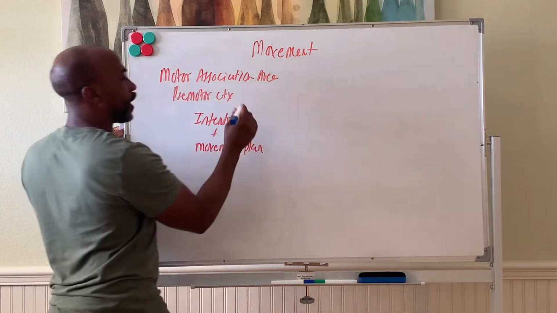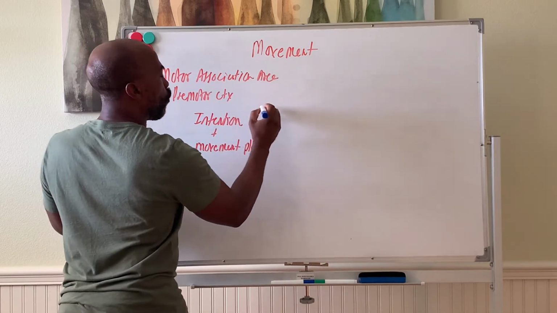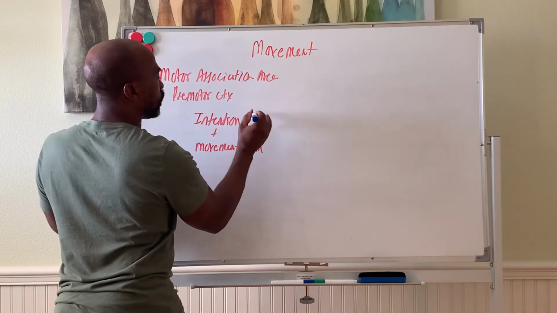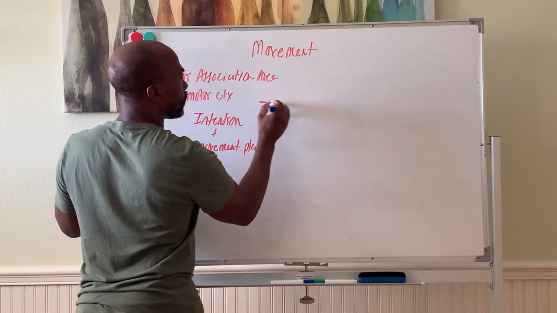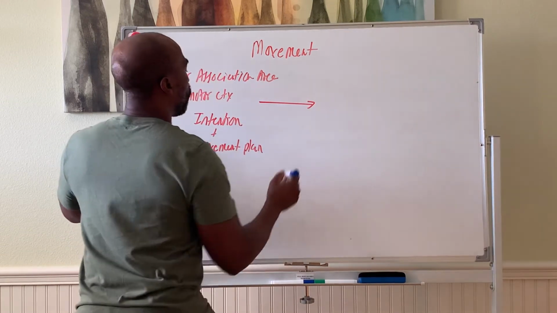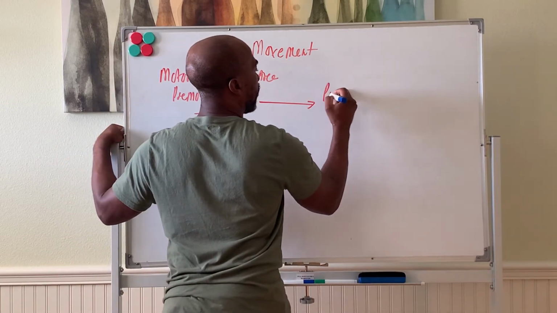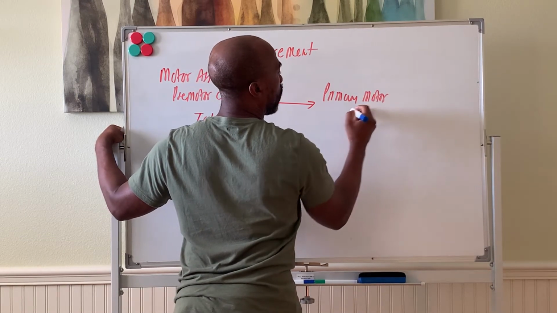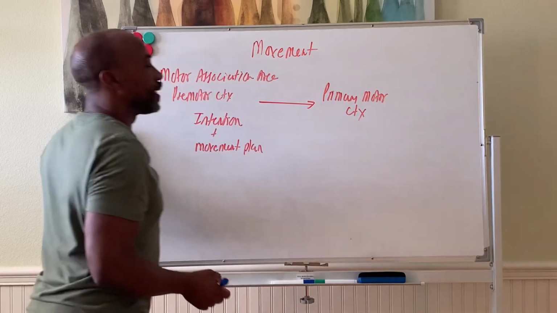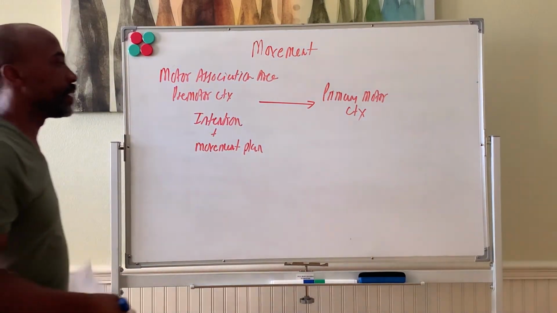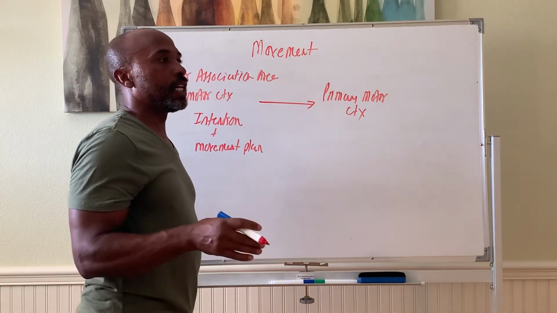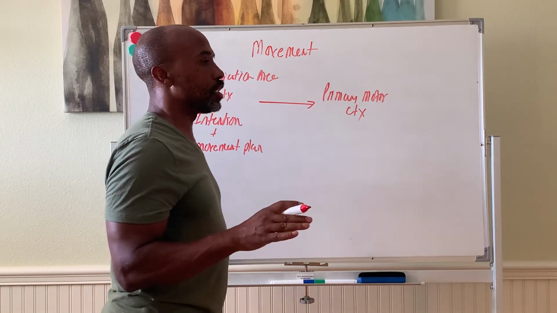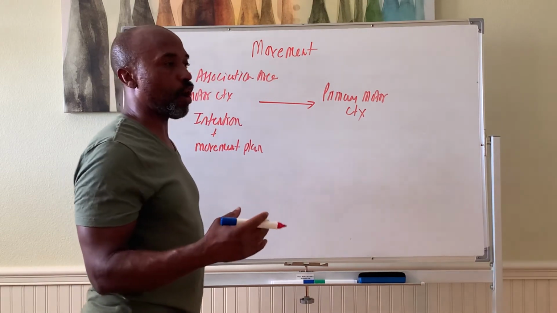And then this area will relay that information over to your primary motor cortex. And this part of the brain is what will then know which muscles to engage or how to engage muscles.